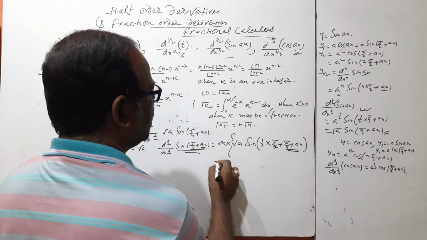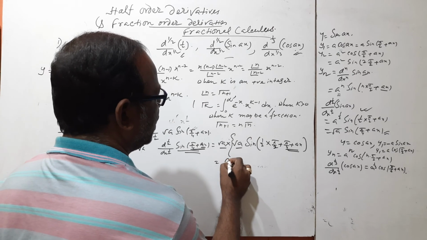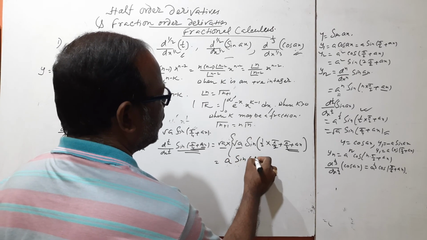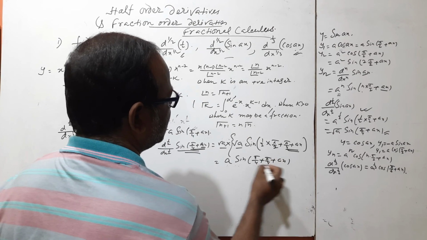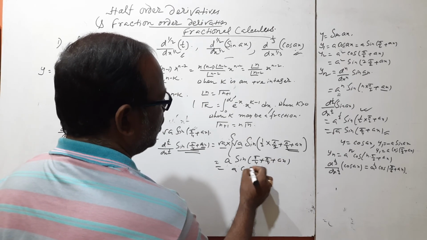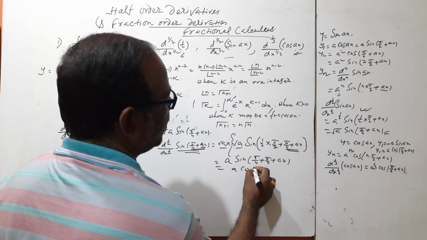I had written it wrongly. So root a into root a is actually a, and sine of pi by 4 plus pi by 4 and ax, so a into sine 90 plus ax.